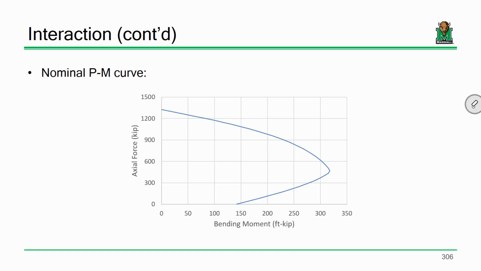Something like that? But if I put some axial load on that section, it can actually resist more bending. In fact, it can get almost twice that value. With no axial load at all, about 140. But if I put in a little bit of compressive load in there, that bending capacity, in fact, more than doubles. Okay?